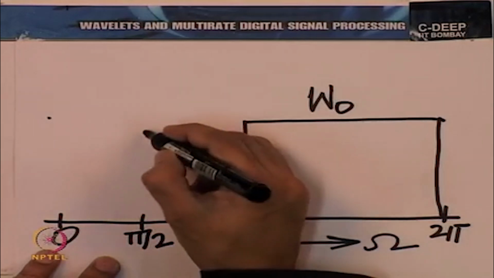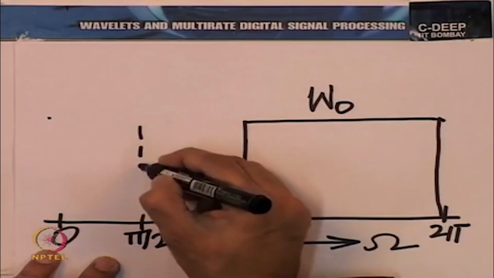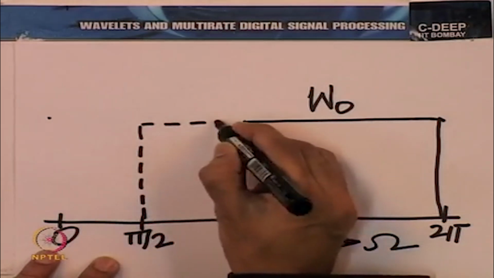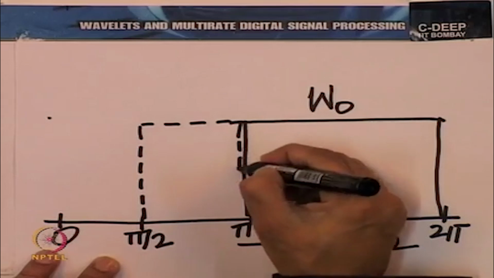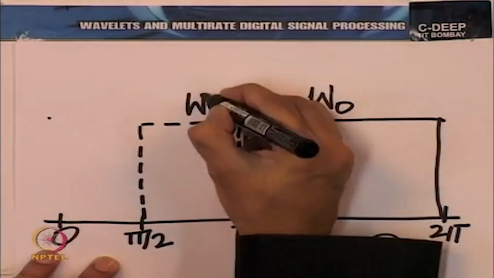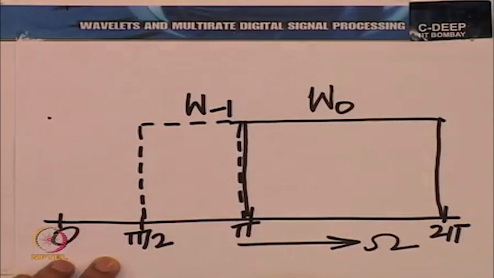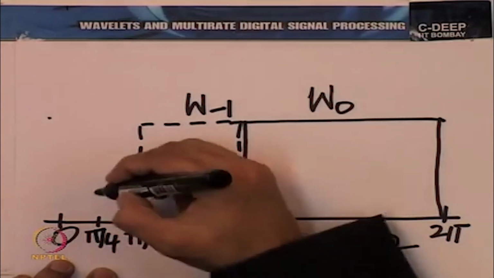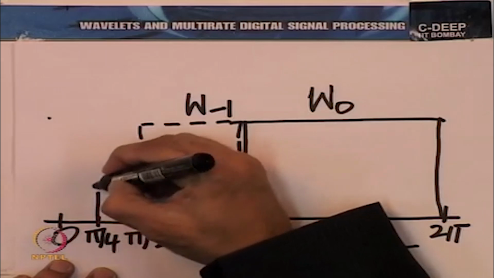W minus 1 will essentially do this ideally. W minus 2 would be here between pi by 4 and pi by 2.